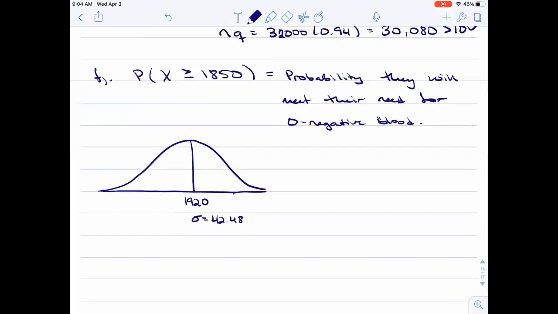On this normal distribution, 1850, we want to have somewhere here. We want at least 1850. And so this is the area that we want. This area is the probability that X is greater than or equal to 1850.